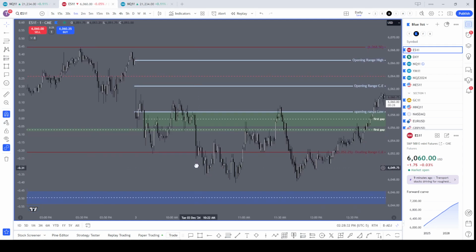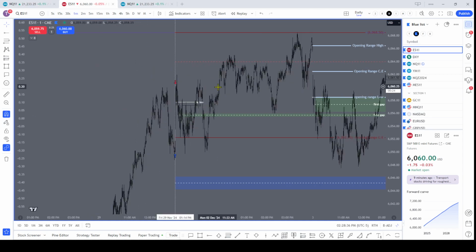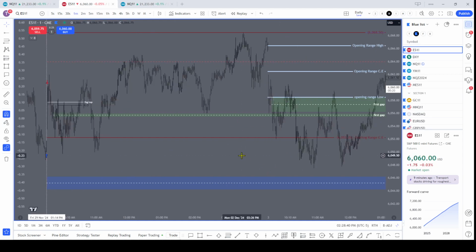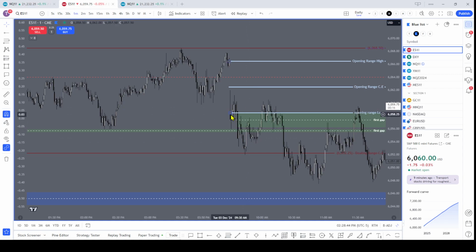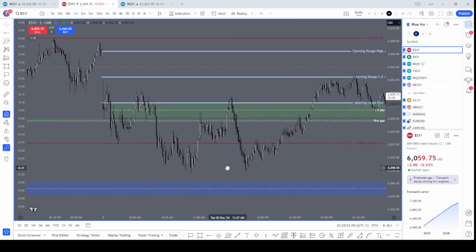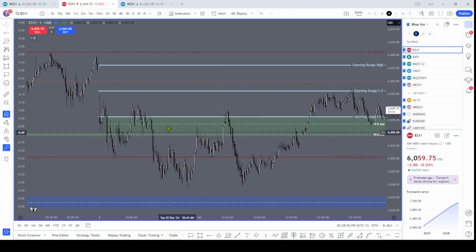But on the contrary, ES was in a pretty small range. It was a small daily range yesterday. But ES got down to the midpoint of yesterday's range, equilibrium. NASDAQ did not. It had farther to go on NASDAQ.